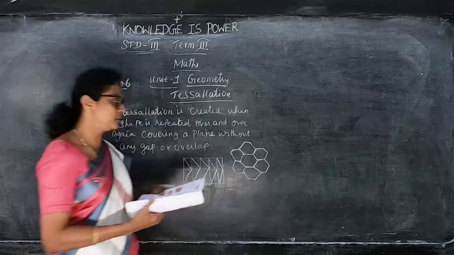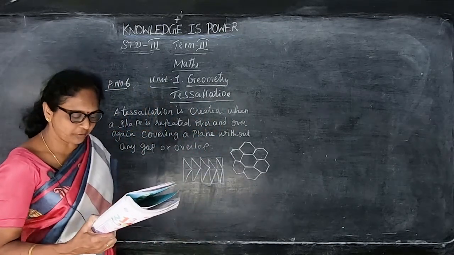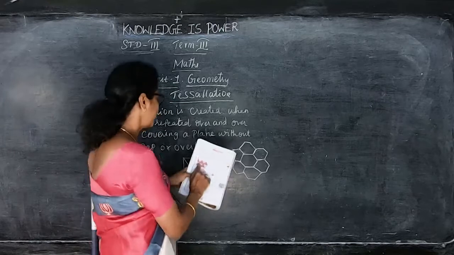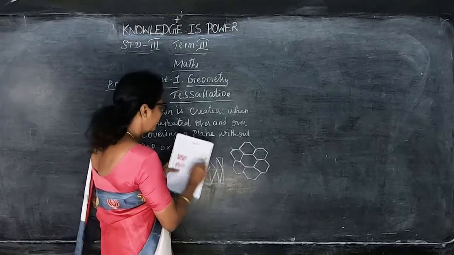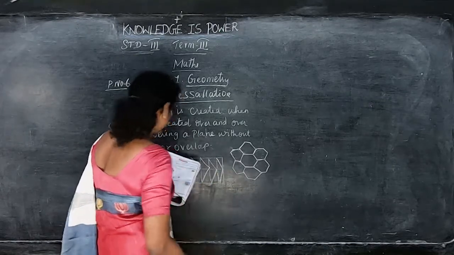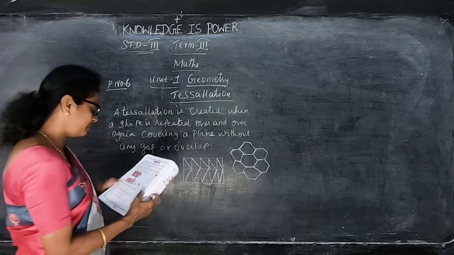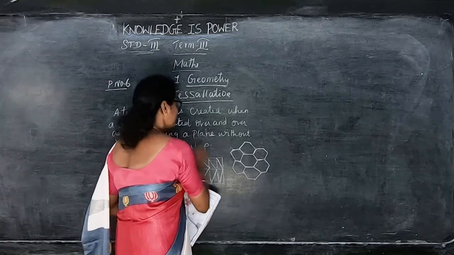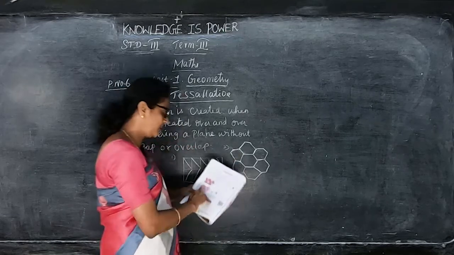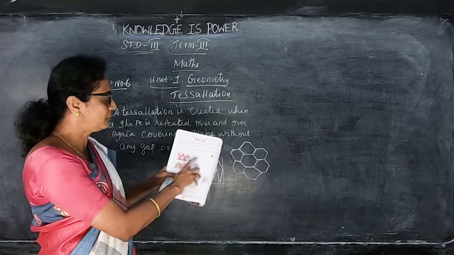So the shapes are repeated again and again, continuously, without any overlaps. Here they have given pictures like this. In the pictures you can complete this one. Complete the shapes by filling the tiles. This one also, this is the first one and this is the second one. You have to complete the shapes.